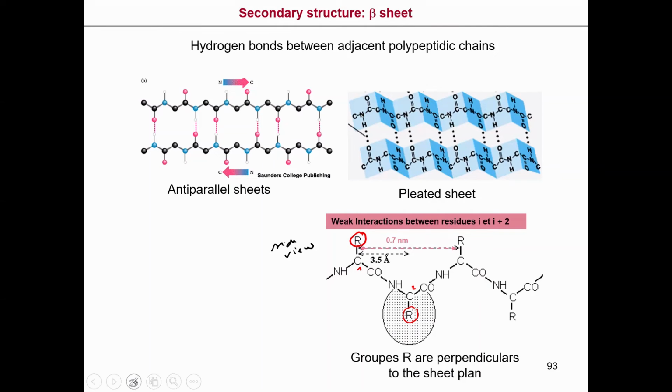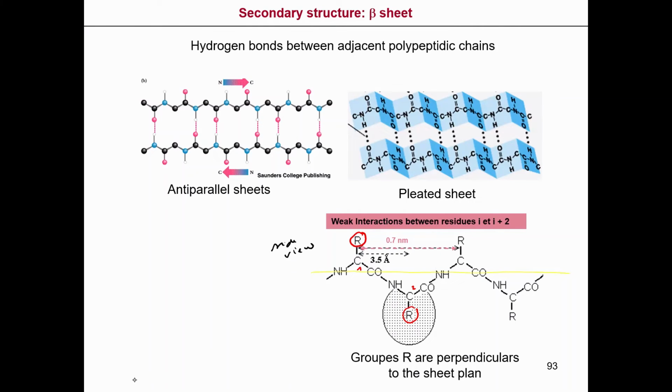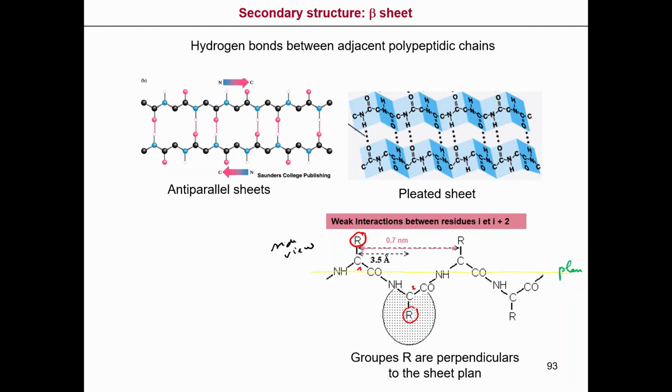Okay, you can consider this as a plane. So you have the first on the top, the second on the bottom, the third on the top, and the fourth on the bottom.